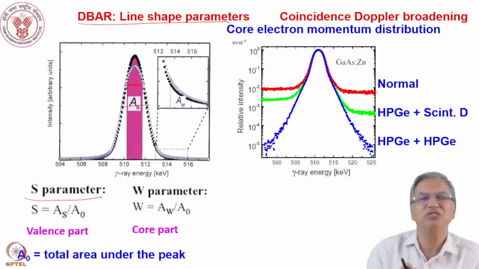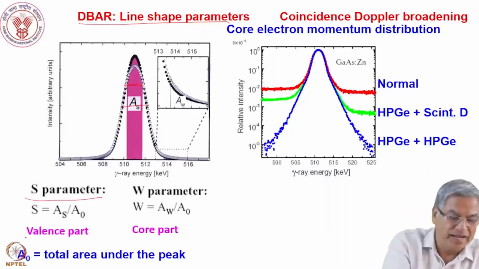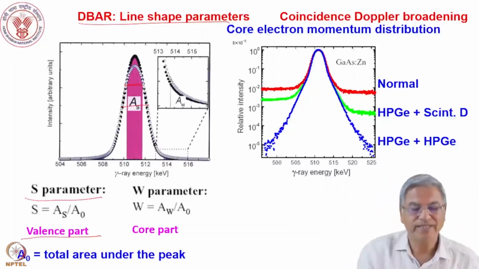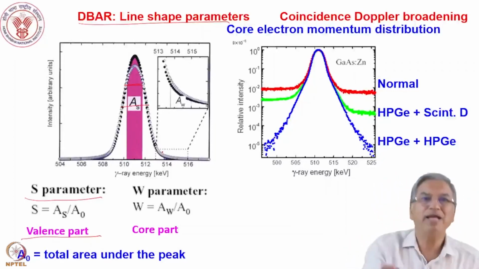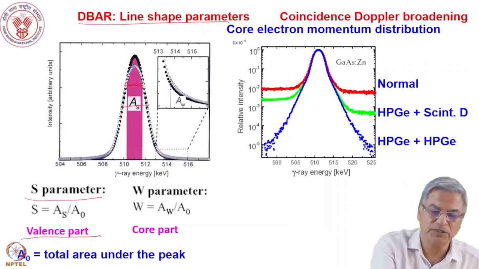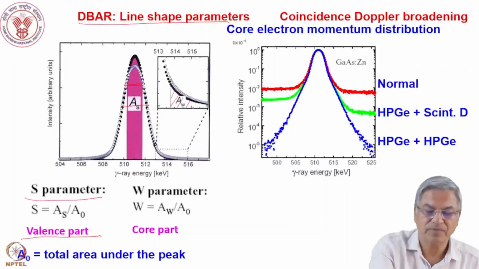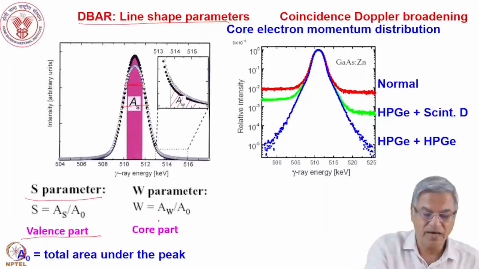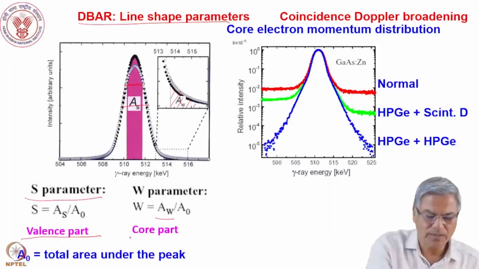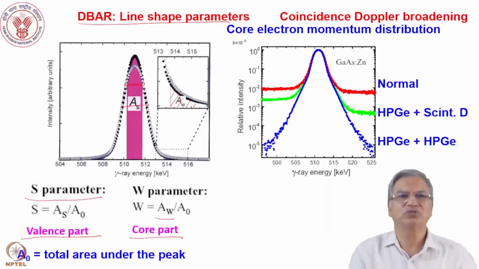So essentially it tells you the momentum of the valence electrons, because these are the low momentum events. Whereas if you take the tail part of the 511 keV spectrum, this tail part is expanded here, and you take this parameter, then that area upon A0 is called the W parameter, the white part, and that gives you the momentum of the core electrons.